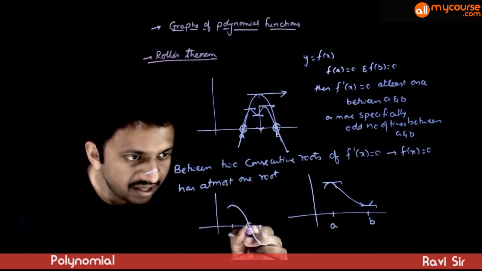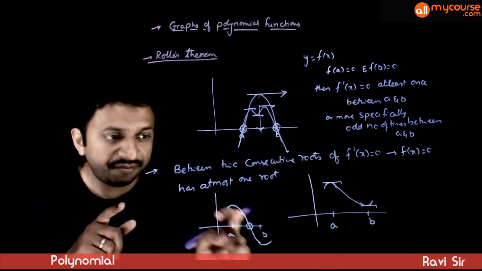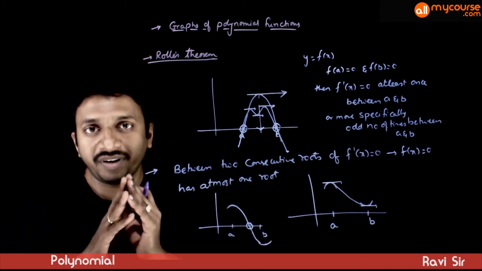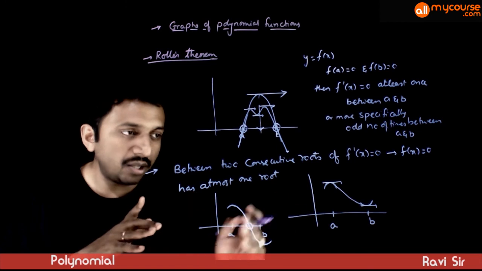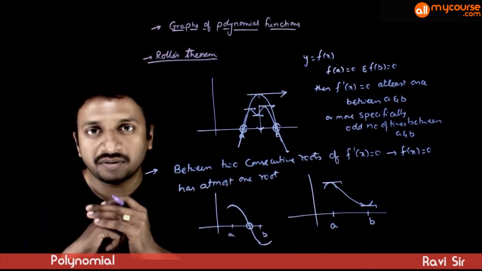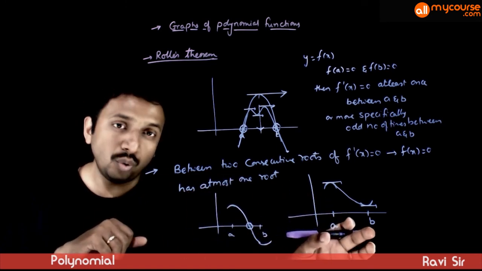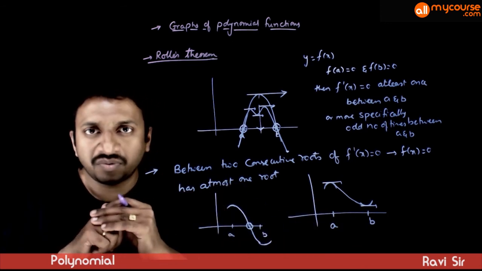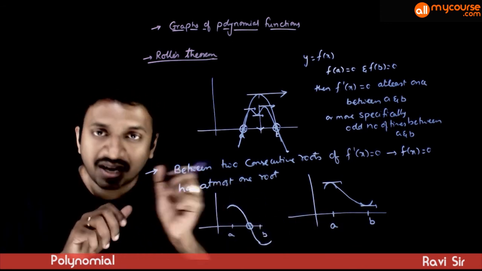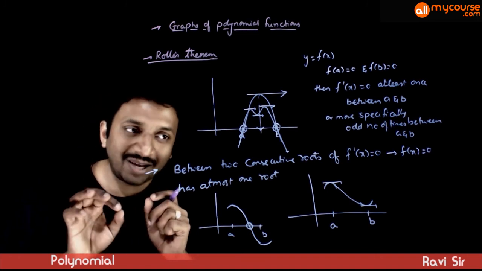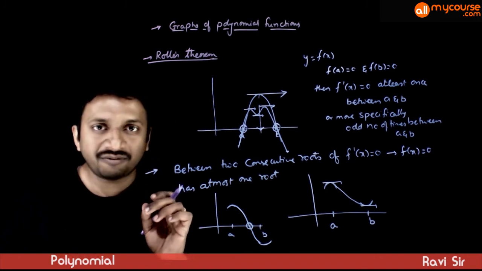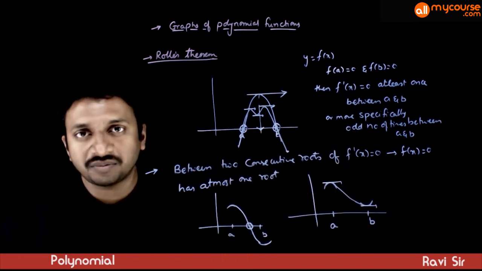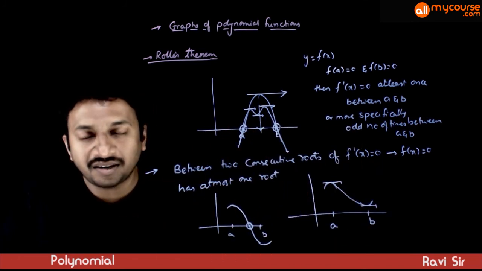Here, as you can see, f of x is equal to 0 has exactly one root between a and b. So these are the only two cases which are possible. So if you have two consecutive roots of f dash of x is equal to 0, between a and b, there can be at most one root for f of x is equal to 0, right?